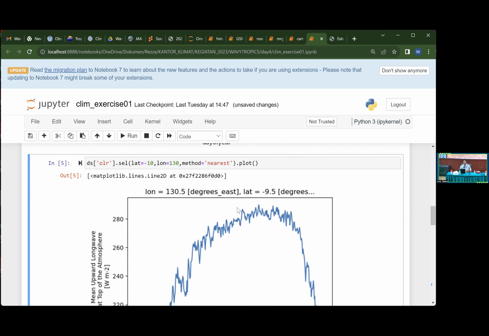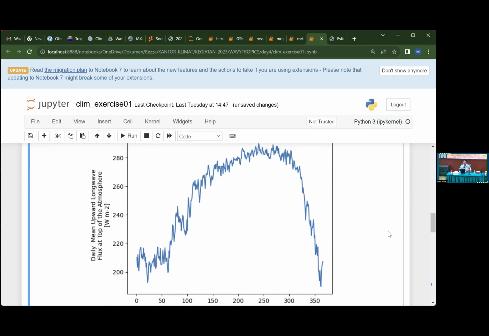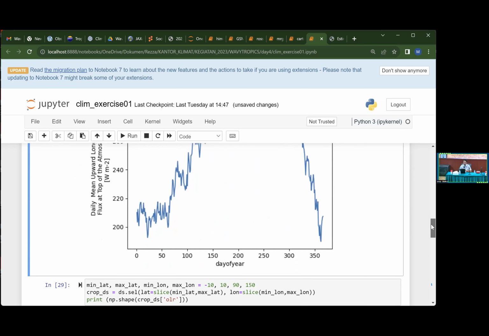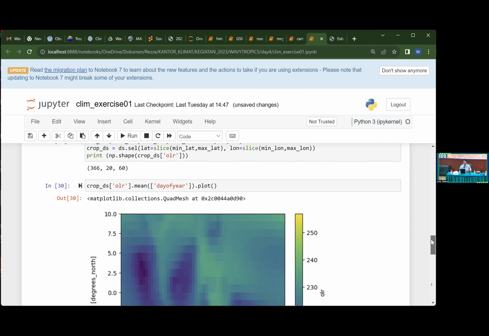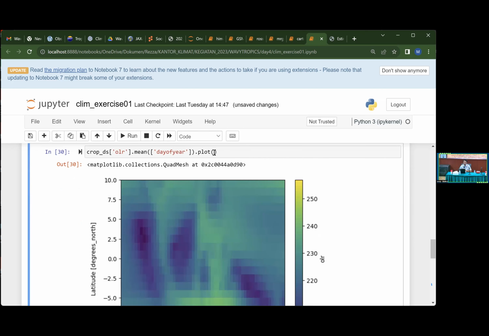So this is also one point of the climatology time series from January to December. Finally, this one is to crop, with a similar procedure as before. You can select the minimum latitude, maximum latitude, minimum longitude, and maximum longitude. Then you run this and you get the data.